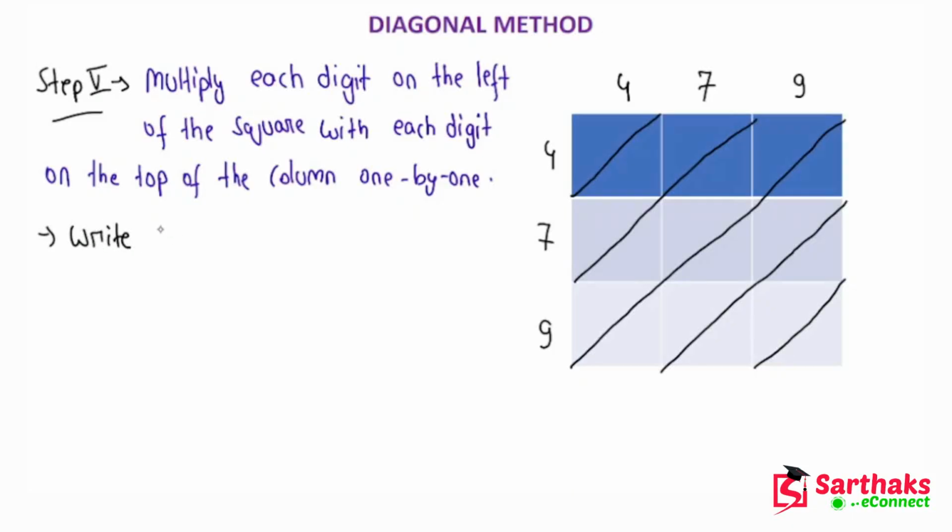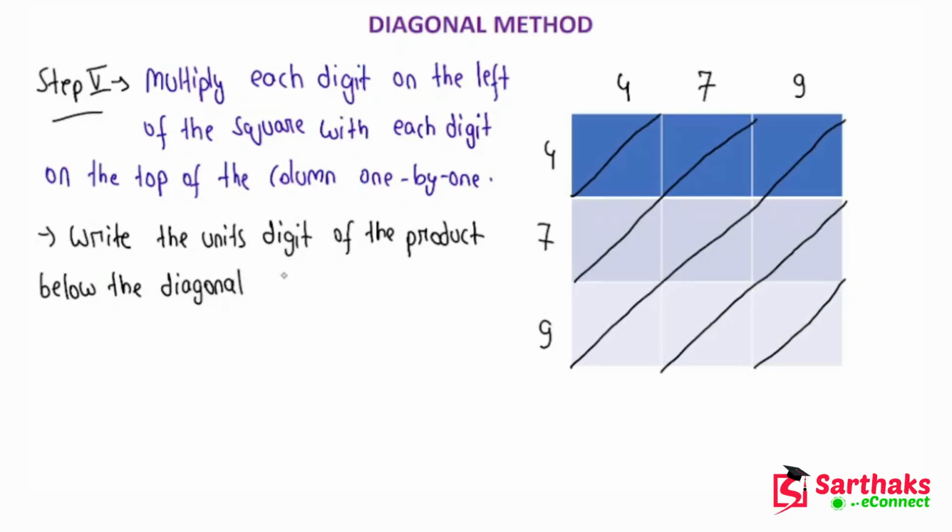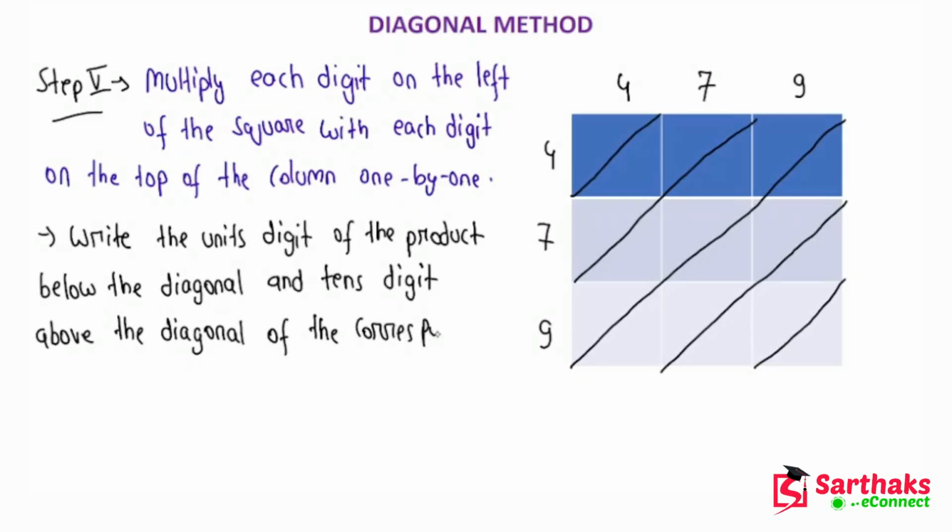The instruction says write the units digit of the product below the diagonal, and tens digit above the diagonal of the corresponding subsquare.